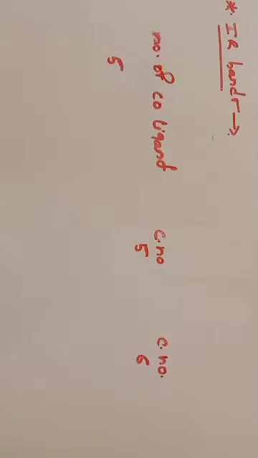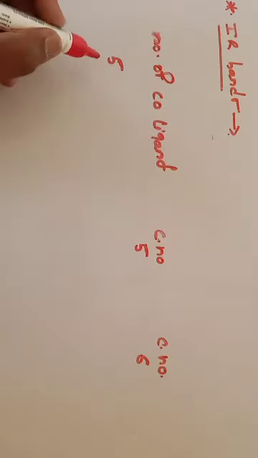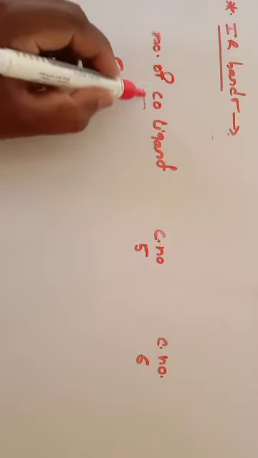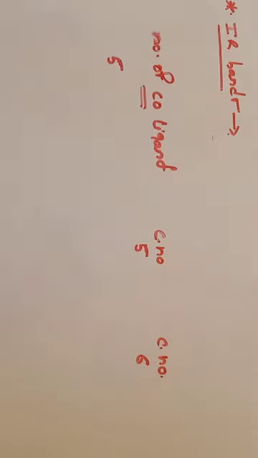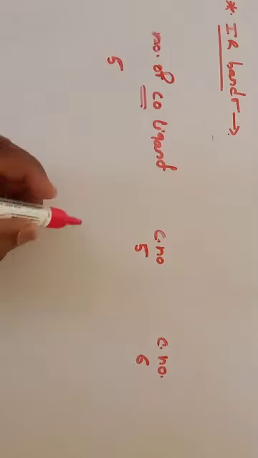So for octahedral we consider only one coordination number, that is coordination number 6, because there are a total of 6 carbonyls, no other geometry is there. But if the number of CO ligands is 5, in that case for coordination number 5, the geometry is trigonal bipyramidal.